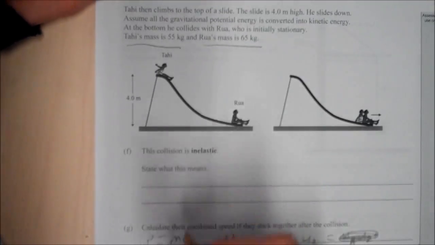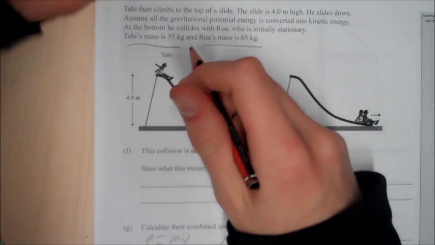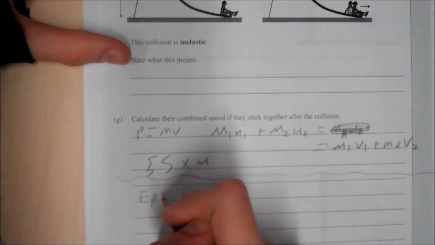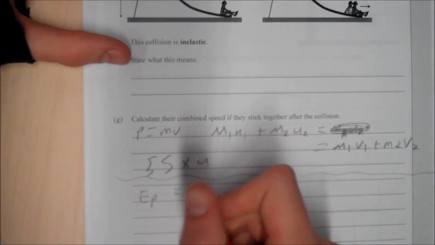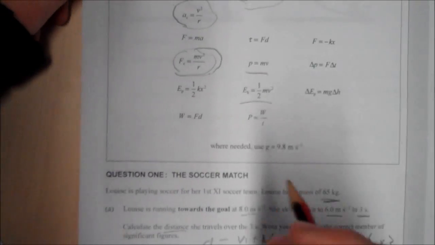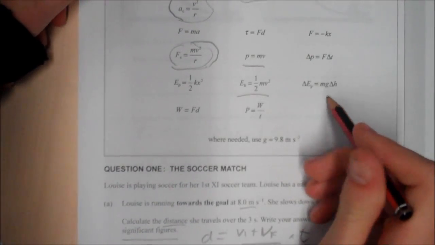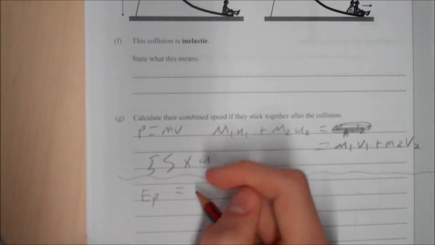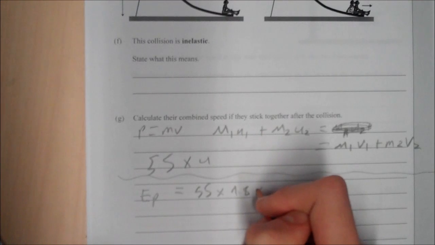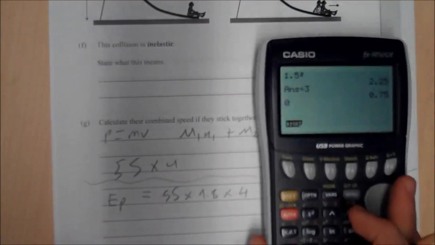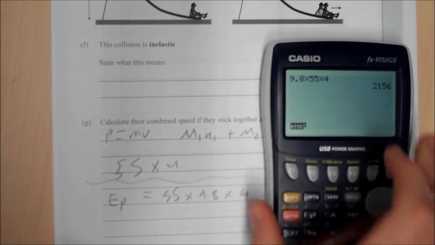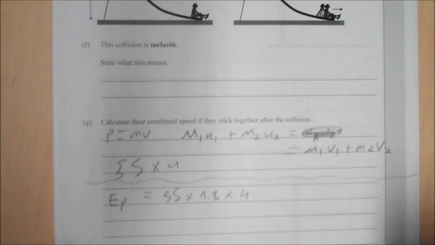So the distance, it's 4 meters high, 55 kilograms. So E potential is equal to mgh. So 55 times 9.8 gravity times the height, which is 4, which is equal to 2,156.